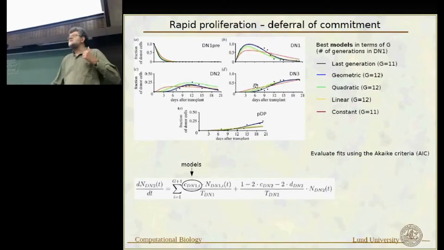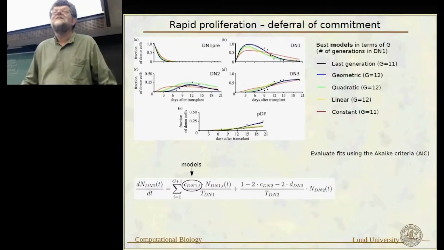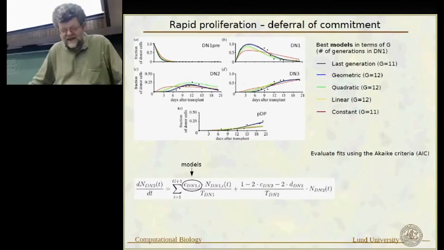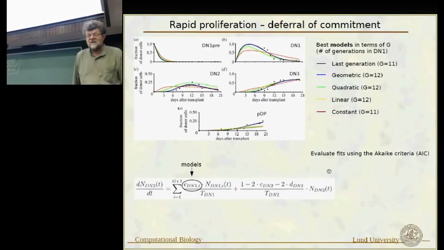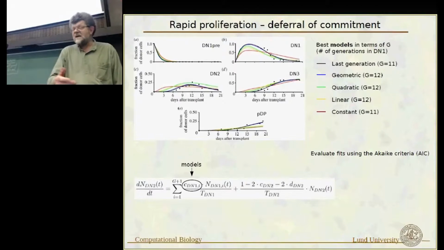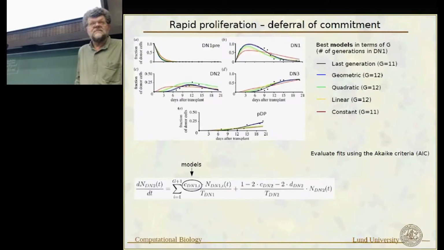We are only interested in going from DN1 to DN2, but we need to fit the entire spectrum for normalization reasons, because there is an injection of a couple of thousand cells, and everything has to be balanced with that. So the model is just this factor, and we evaluate it. As you all know, or can realize, I have a lot of parameters.